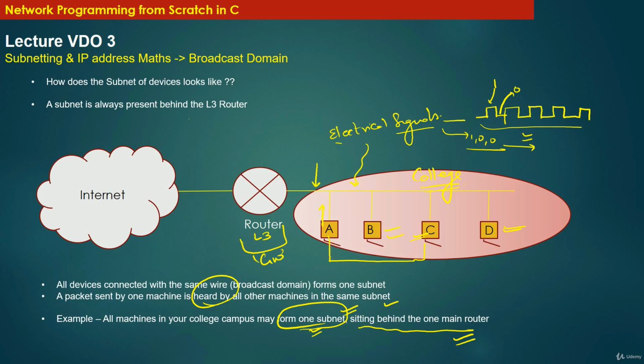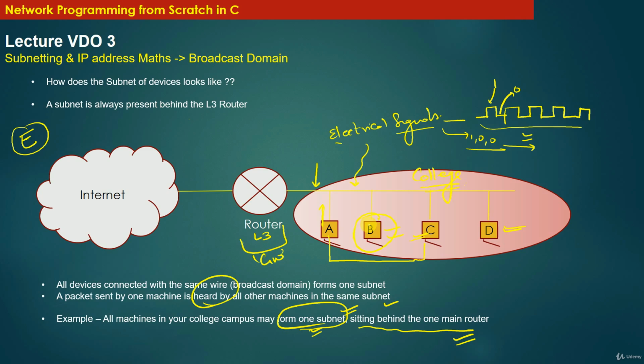So this is how the broadcast domain, or multiple machines present in the same subnet, are organized along with the L3 router. For example, machine B wants to communicate with some machine, let's say E, which is present elsewhere in the internet.